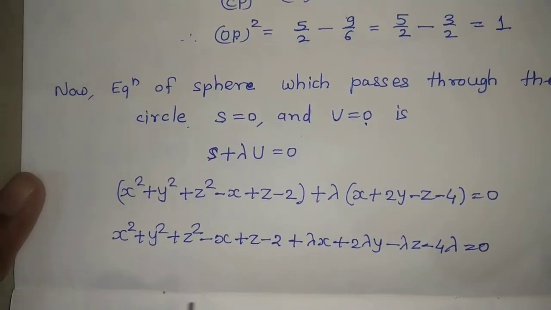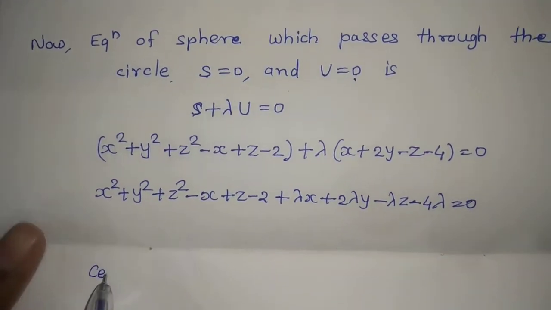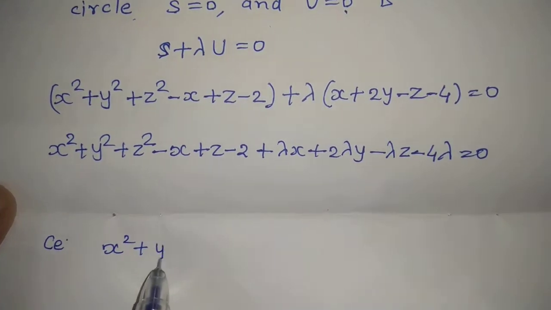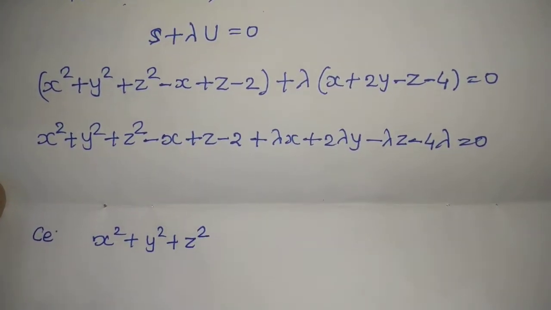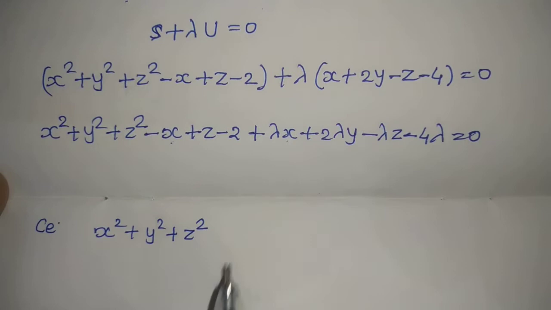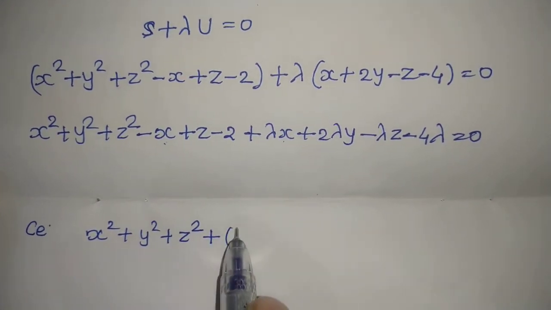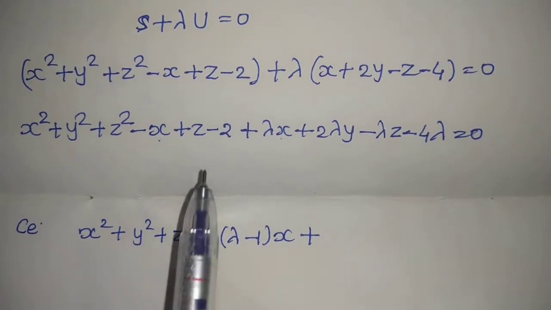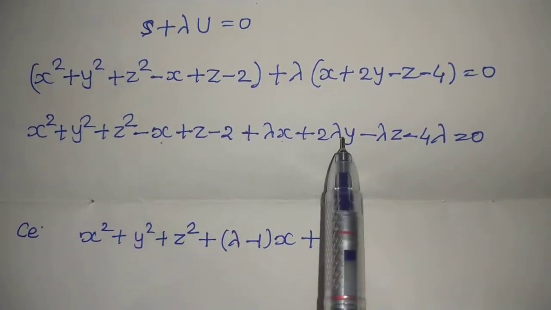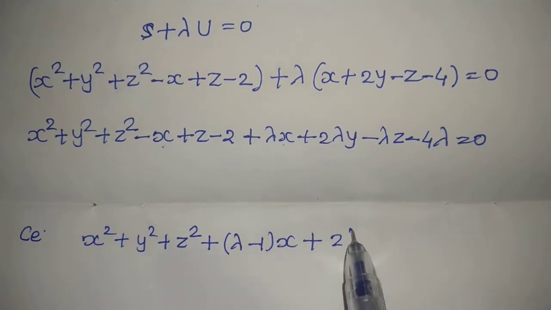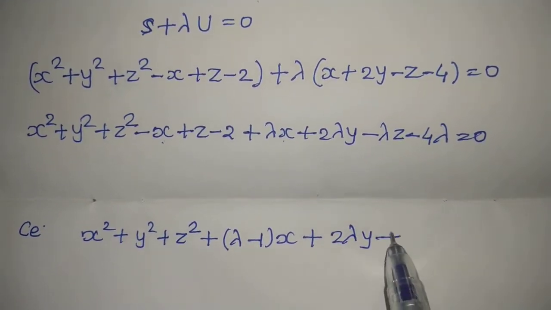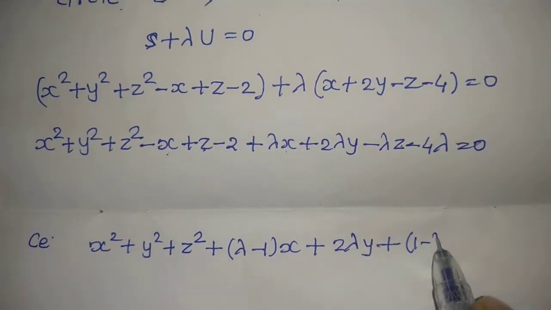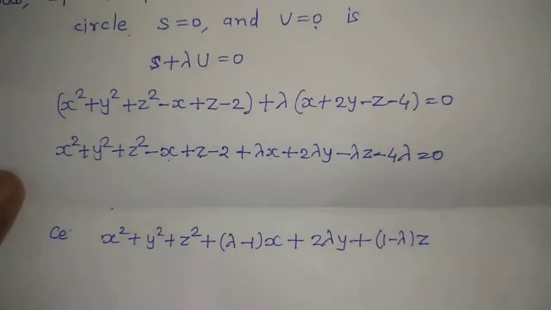Now what is the center of this sphere? We will write one more step: x square plus y square plus z square. Now here is minus x, here is lambda x, so plus lambda minus 1 into x. Now how many terms are there containing y? There is only one term, so 2 lambda into y. Plus now z and minus lambda z, so 1 minus lambda into z.